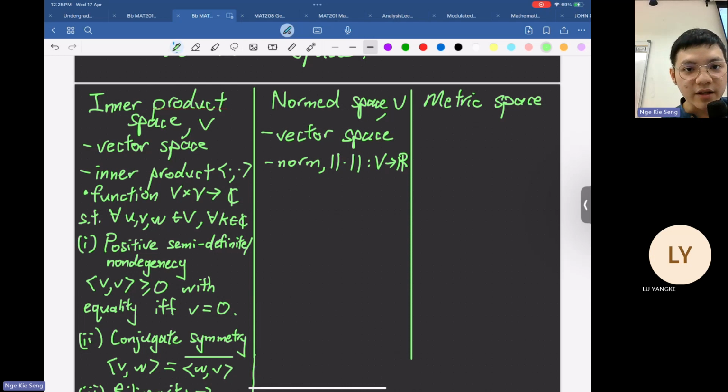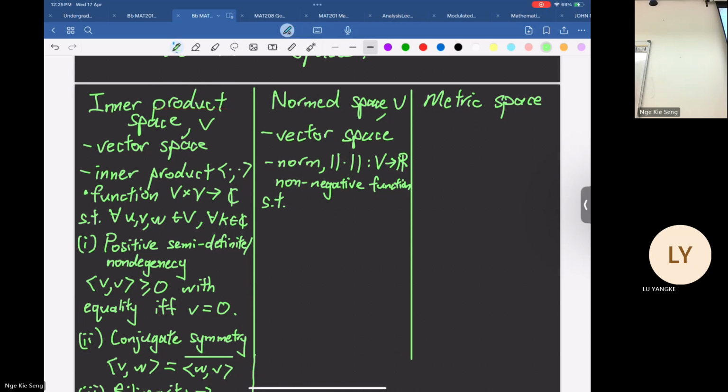So this norm is a non-negative function in particular, because we want our length to be non-negative. And such that, again, three properties hold for every v, w in V and some scalar.